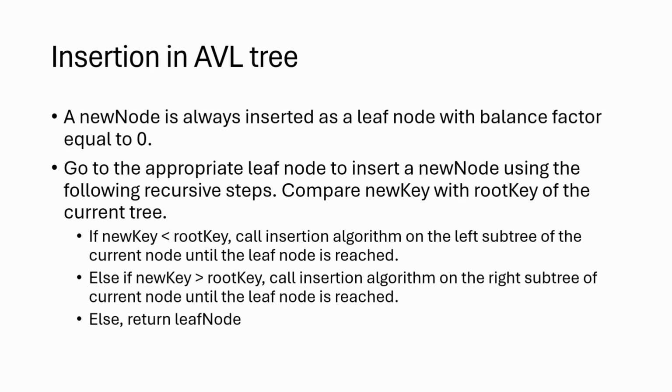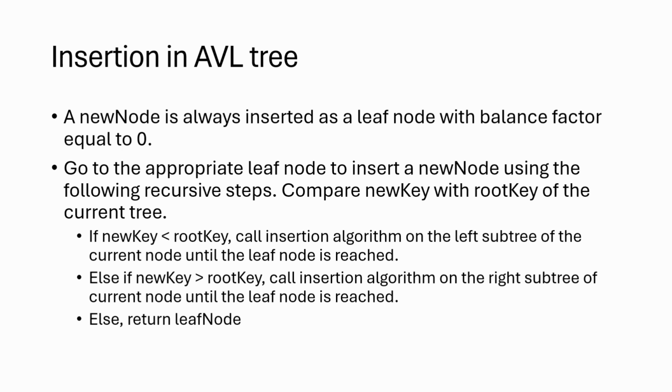So you're getting the new key. You compare the new key with the root key. If the new key is less, then call the insertion algorithm on the left subtree until the leaf node is reached. So it's recursion. Else, if the new key is greater than the root key, call it on the right subtree until a leaf node is reached.